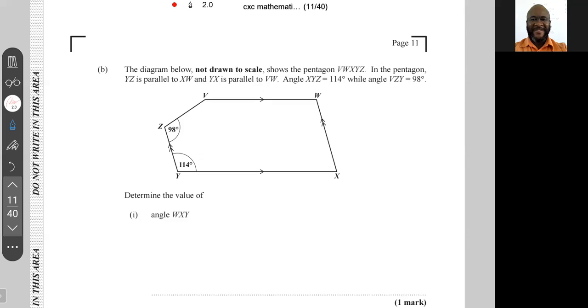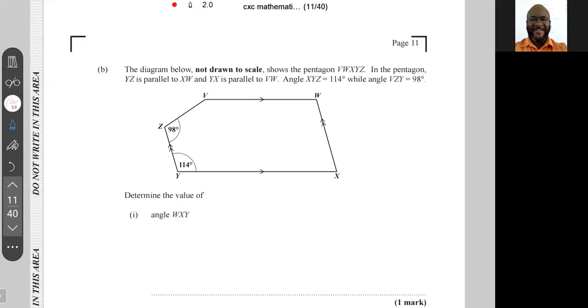All right, so the diagram below, not drawn to scale, shows pentagon VWXYZ. In the pentagon, we're told that YZ is parallel to WX, and YX is parallel to VW.